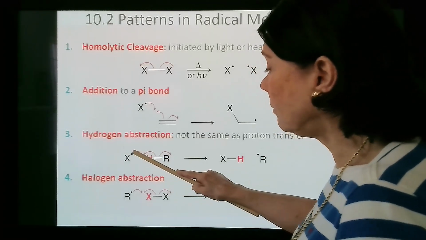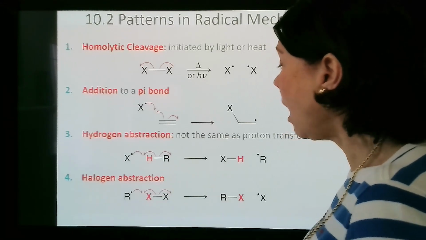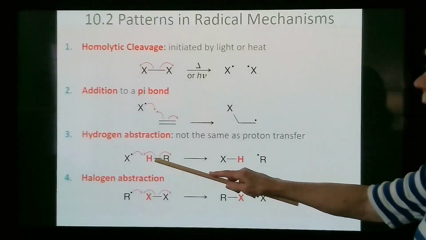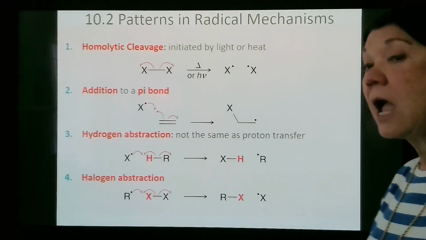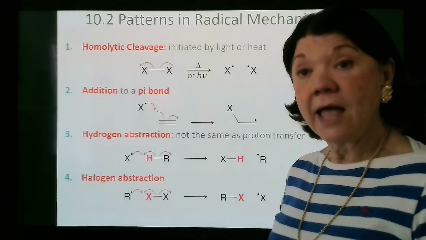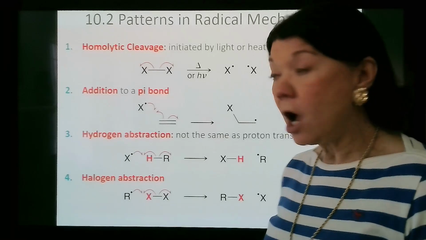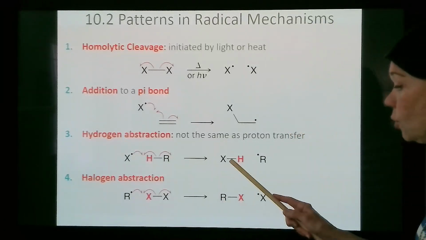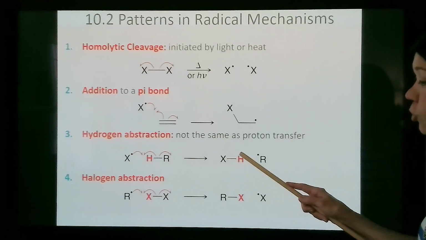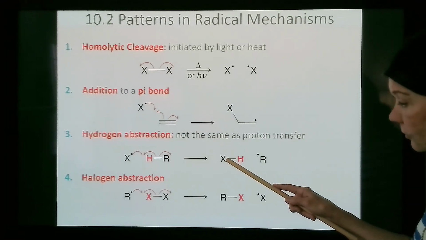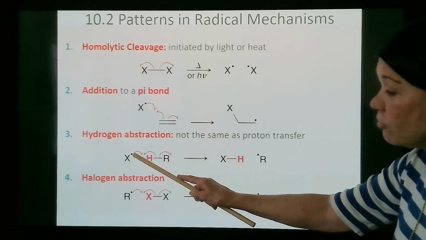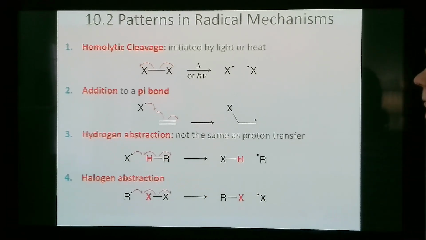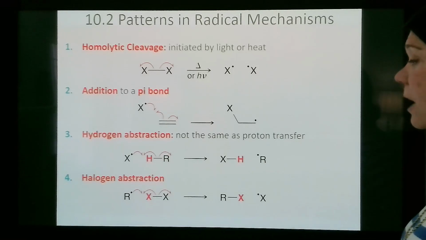So that's where you get the 2 electrons. So this is not abstracting a proton. It's abstracting a hydrogen atom, and that means H along with one of the electrons. You have to have 2 electrons to form that H-X bond. One comes from here, one comes from there. And so this is hydrogen abstraction.